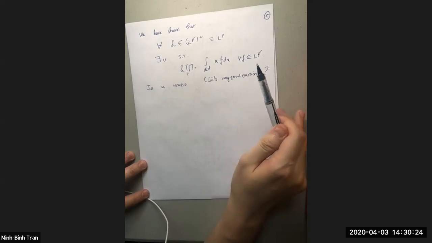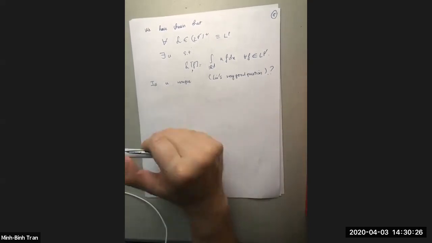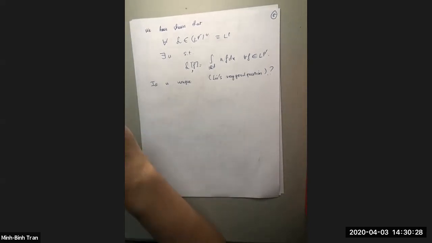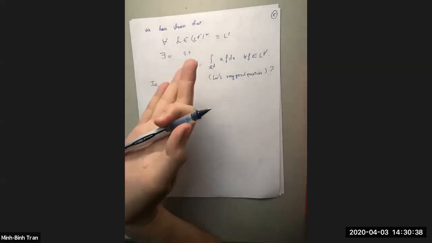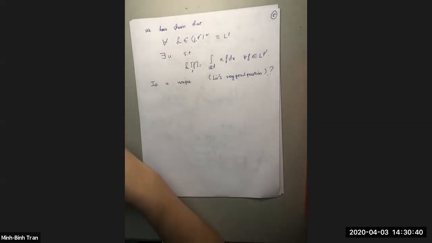So of course we show that there is a U, but is the U unique? Anyone? This is an excellent question. Of course, this is unique, because the theorem says that this is unique, but why?